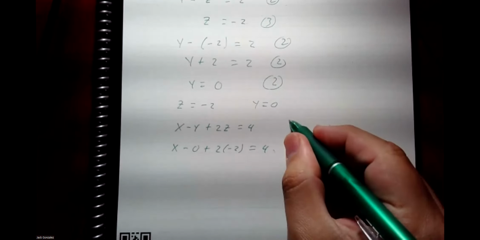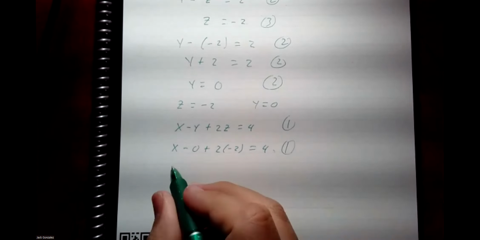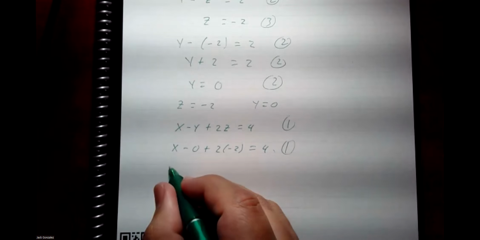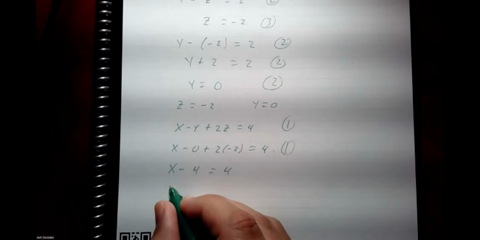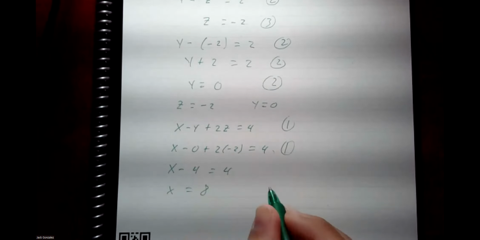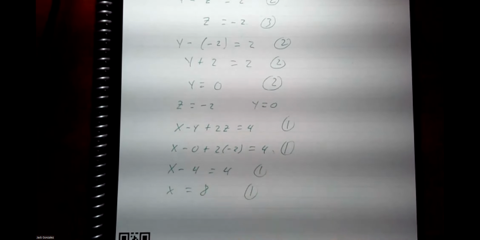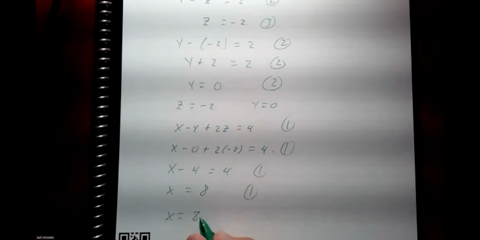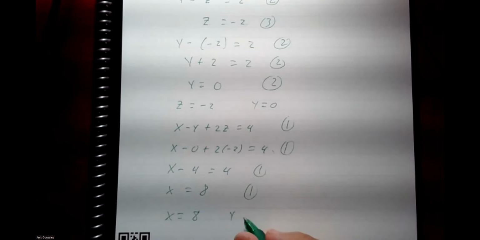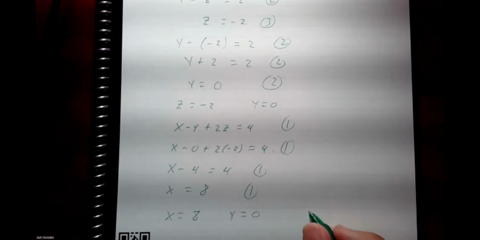So we're going to get x minus 4 equals 4. x is 8. So then you get your x, your y, and your z.